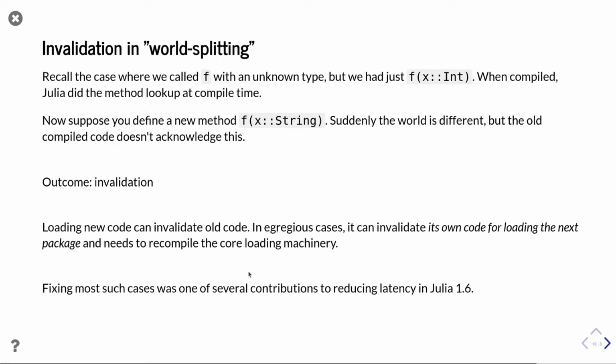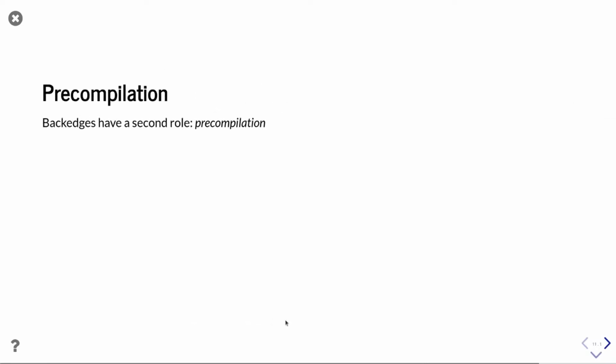And moreover, a lot of the other things that we're going to be telling you about today will essentially inure you from invalidation, because we'll give you tools to help you reduce the number of times that you're making calls with unknown types. And that's really the main and most effective way to eliminate the possibility of invalidation.